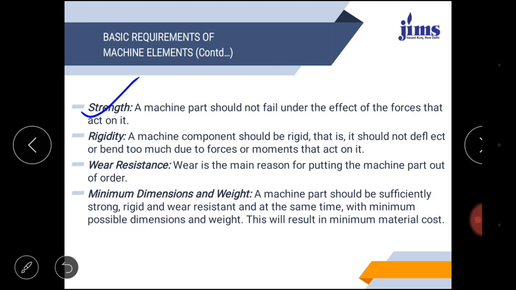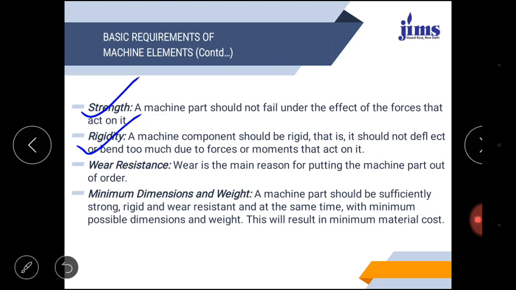For that, you have to select suitable material and do suitable calculations, so that you will be able to choose the best and suitable dimensions and material. The next one is rigidity. Rigidity means that if your machine element is under load, it should not bend or deflect too much due to the forces or moments acting on it.